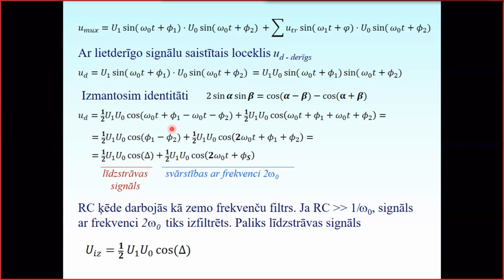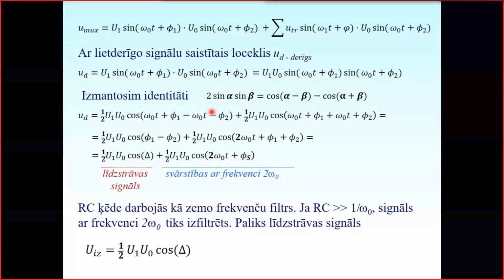So what do I get? In the first member, where I have the cosine of the difference, the omega 0 t cancels, and I get just the cosine of phi1 minus phi2. In the second, I add omega 0 t plus phi1 and omega 0 t plus phi2, and I get 2 omega 0 t plus phi1 plus phi2.